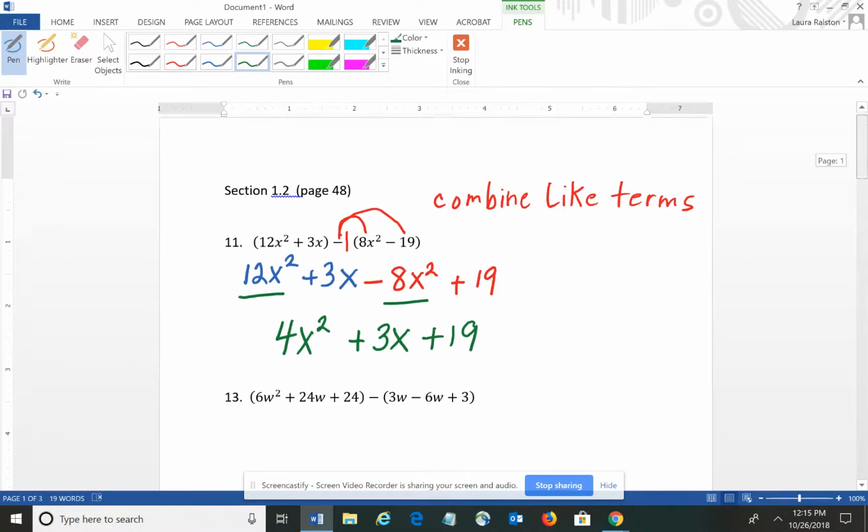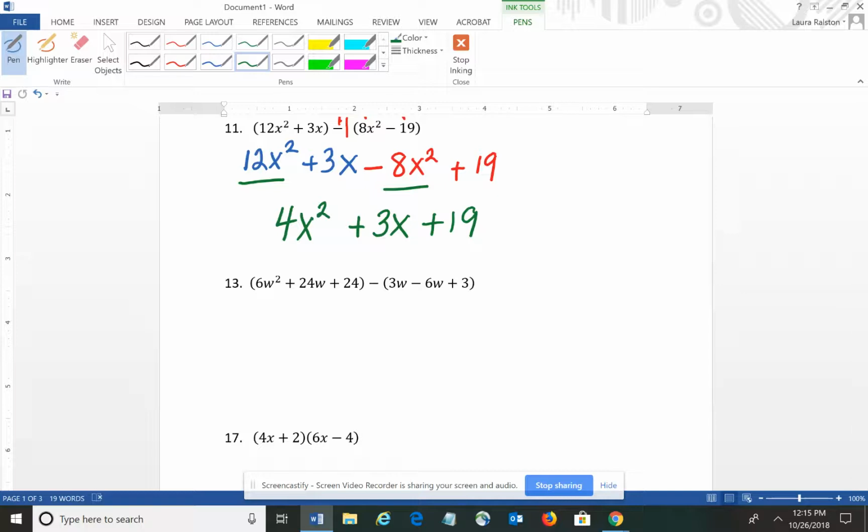Now, if you need to actually write in the 1 and show the distributing, please do that. Don't make a silly calculation error because you don't want to take the time to write that in. Even here in this second problem, question 13, you have (6w² + 24w + 24) − (3w − 6w + 3), excuse me.